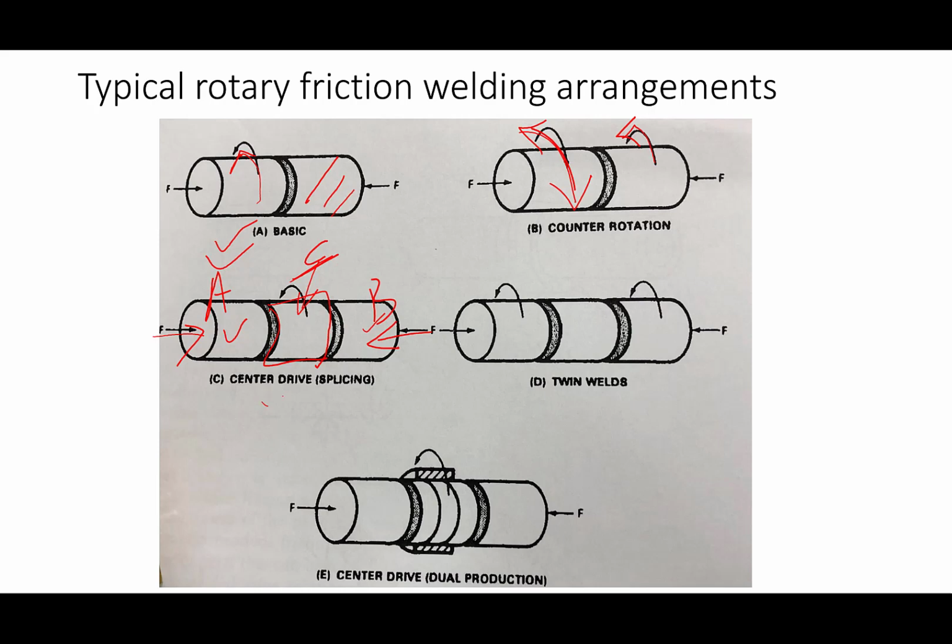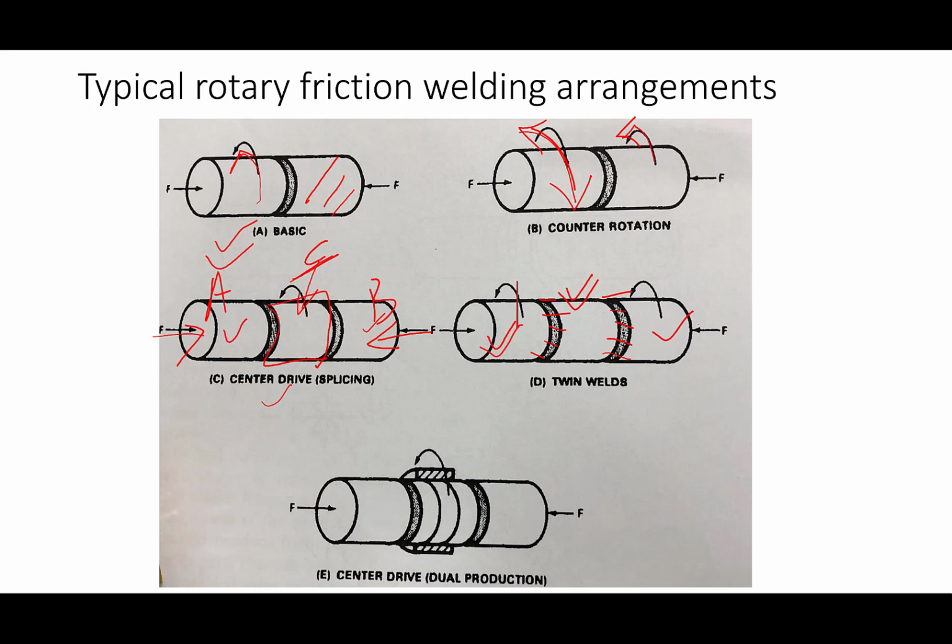This is called a center drive arrangement. In this case also, the center one is kept fixed, and the metals on the two sides are rotated to develop the weld joint at these two locations.